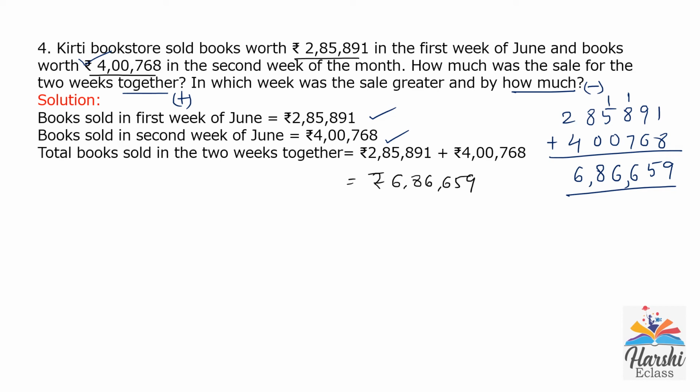Now start solving the next part of the sum, that is in which week was the sale greater. Simply by comparing these two numbers we will get to know that the second week sale was greater than the first week. So write that.